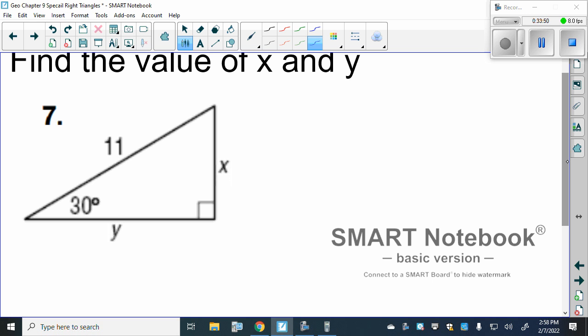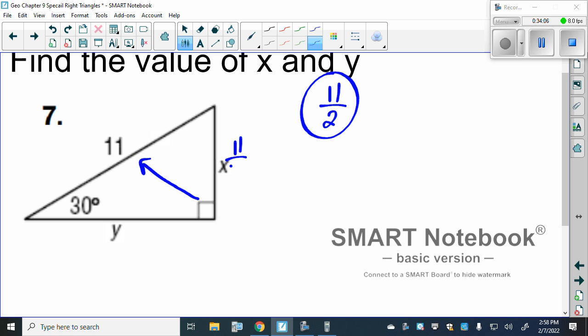So here, side opposite 90 is 11. So to get to the short side, we need to divide by 2. Take 11 and divide it by 2. We leave it as a fraction, so it would be 11 halves.